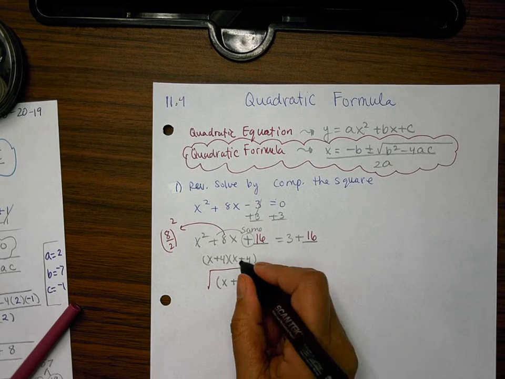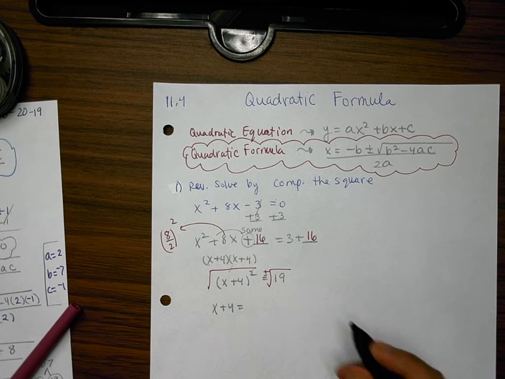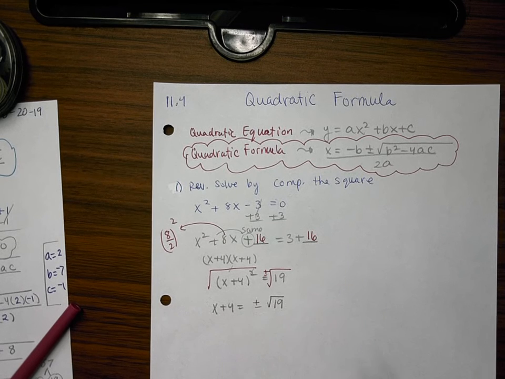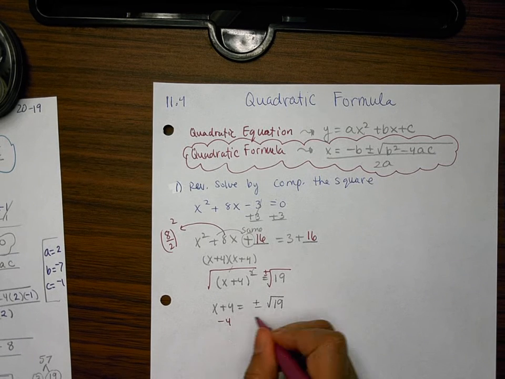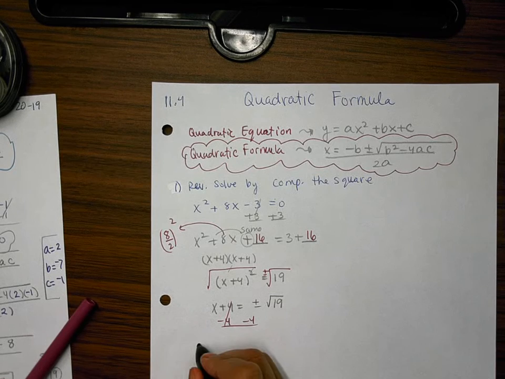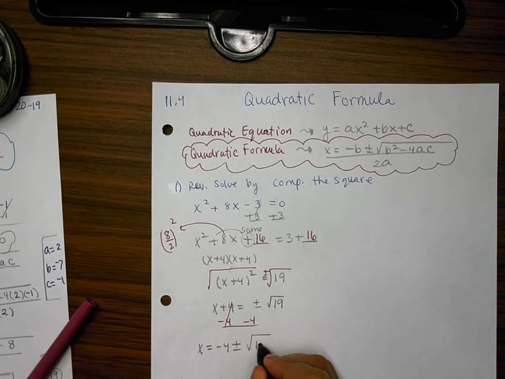Undo. x plus 4 equals plus or minus the square root of 19. And 19 is not a perfect square, and no factors come out. There's no pairs. So I'm going to subtract the 4. x equals negative 4 plus or minus the square root of 19.